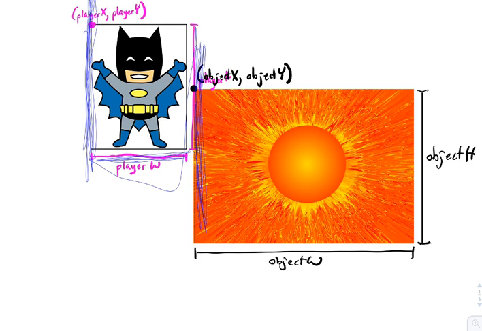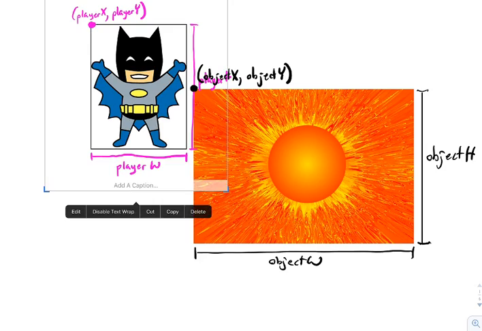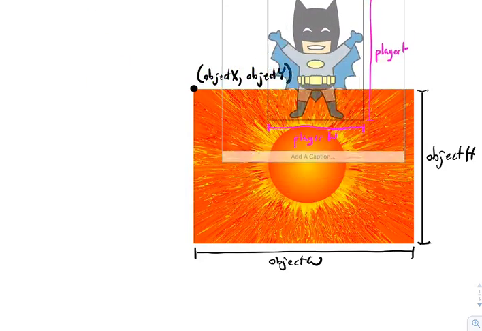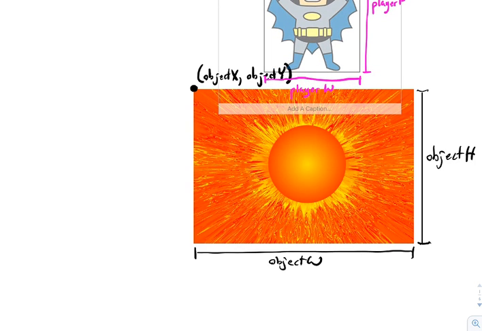Since they're further than that width away, they do not overlap. Same thing on top. If I start inside, they're still overlapping because of that player's height. But if I go further than the player's height above, they're not going to overlap anymore.